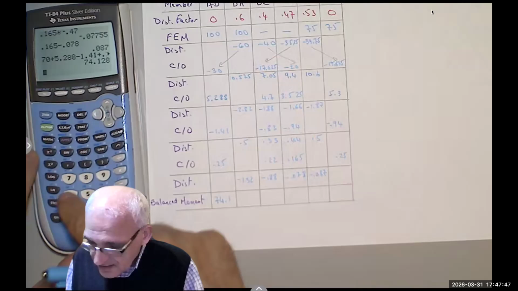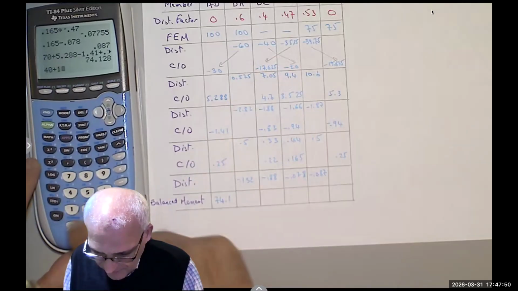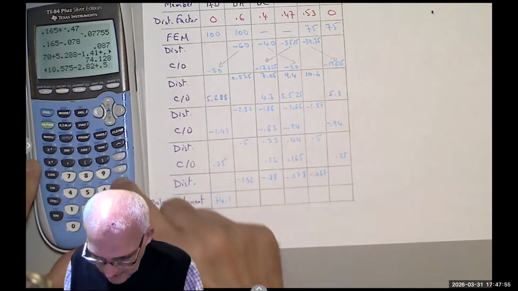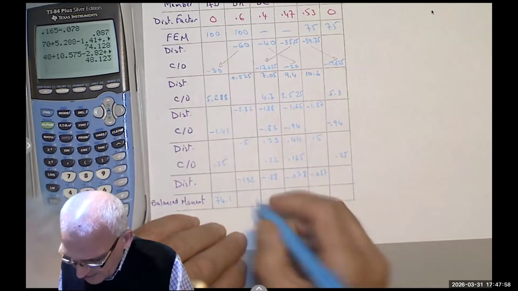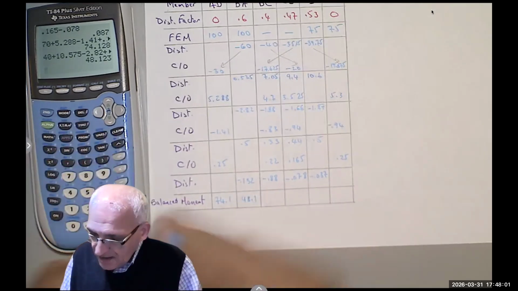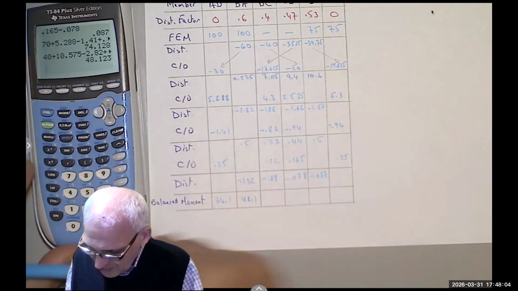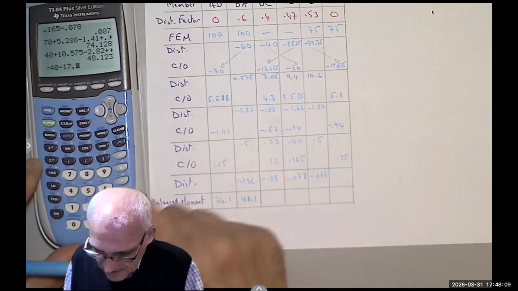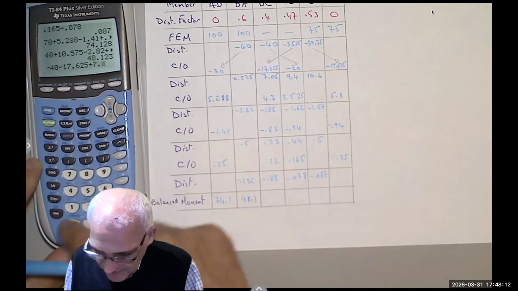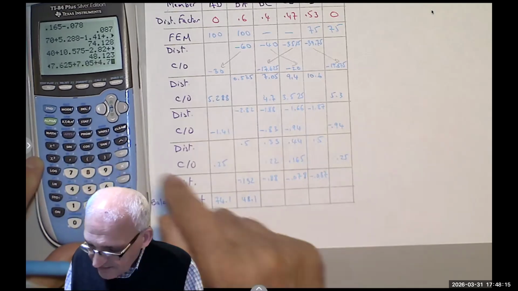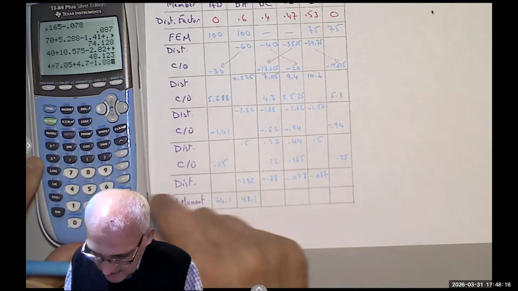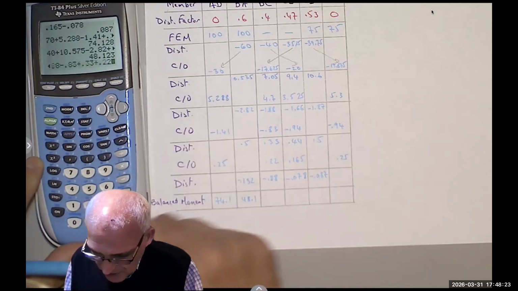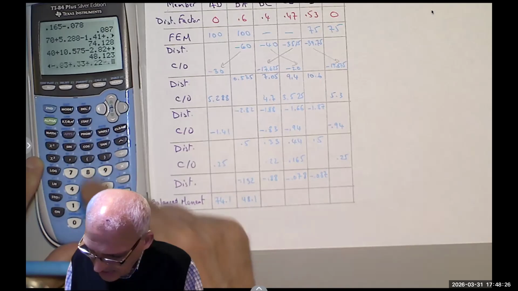Here I have 40 plus 10.575 minus 282 plus 0.5 minus 0.132. Of course, we are going to approximate, so 48.1. Here, check to make sure we get something close to that, negative 40 minus 17.625 plus 705 plus 40.7 minus 188 minus 0.83 plus 0.33 plus 0.22 minus 0.8.